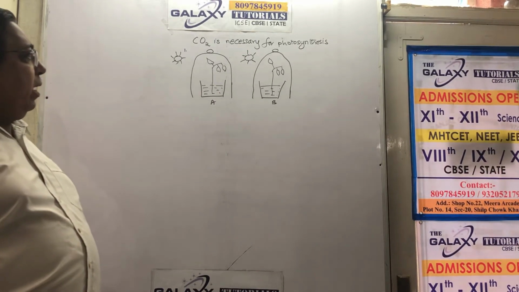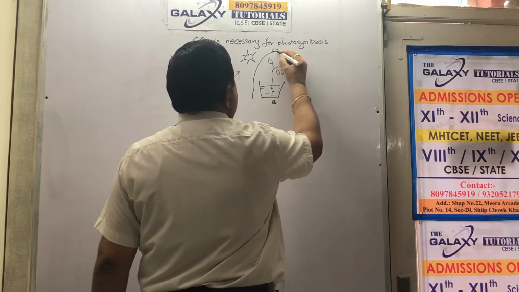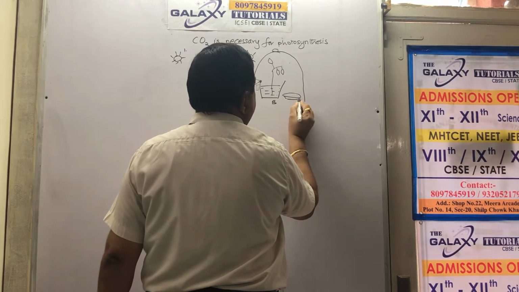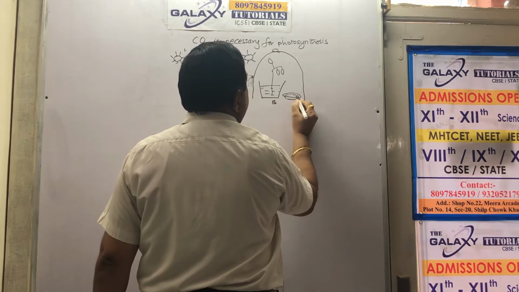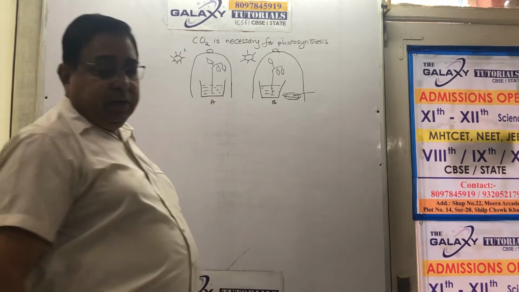In the second one, according to your book, you take a saucer, a plate, and put a potassium hydroxide solution in it.